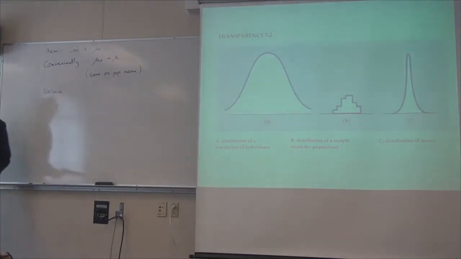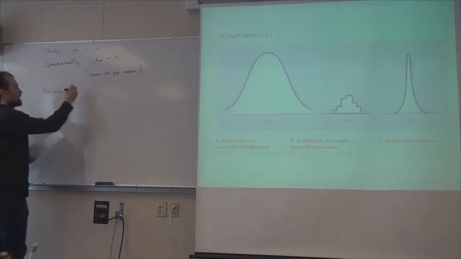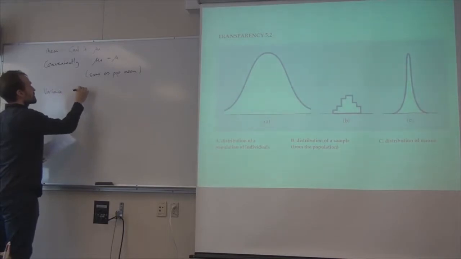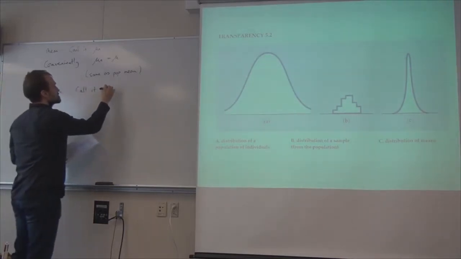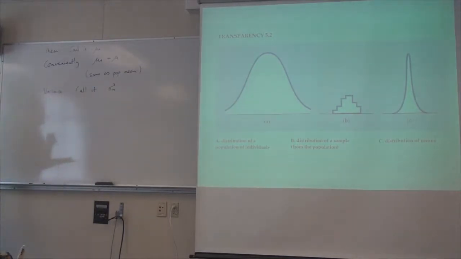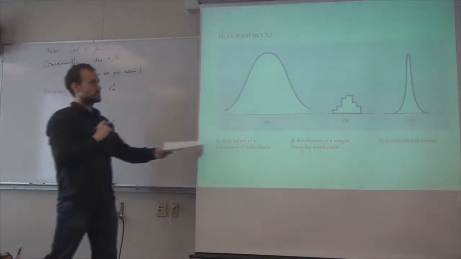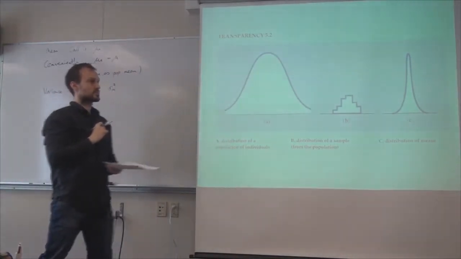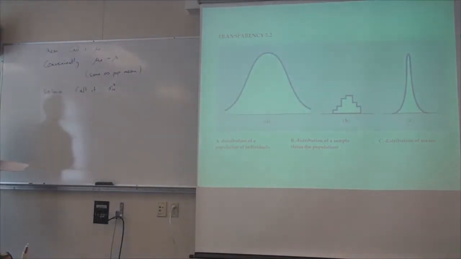So the rule is that the variance for my distribution on the right, the distribution of sample means, we'll call sigma squared with a little m, to indicate that it's the distribution of means, not the distribution of individuals in my population.